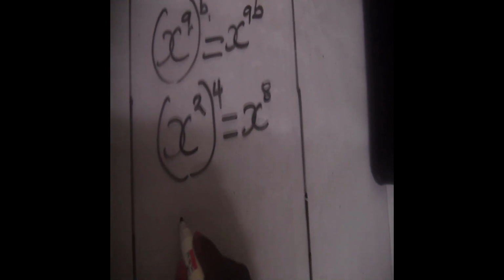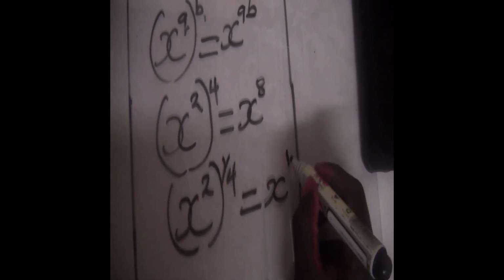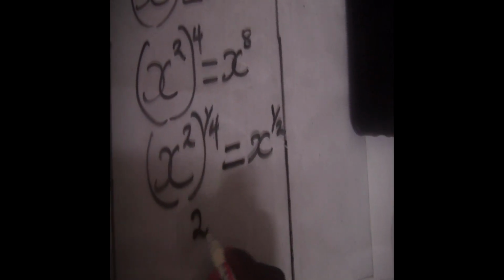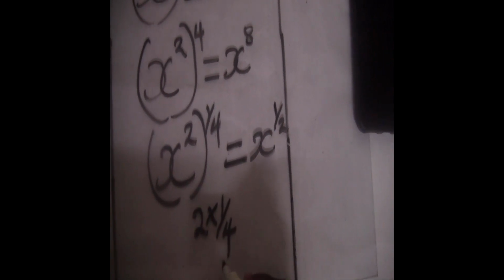Also, you can be given x raised to power 2 in brackets raised to power 1 over 4. Your answer will be x raised to power a half. This is raised to power half simply because 2 times 1 over 4 is a half.